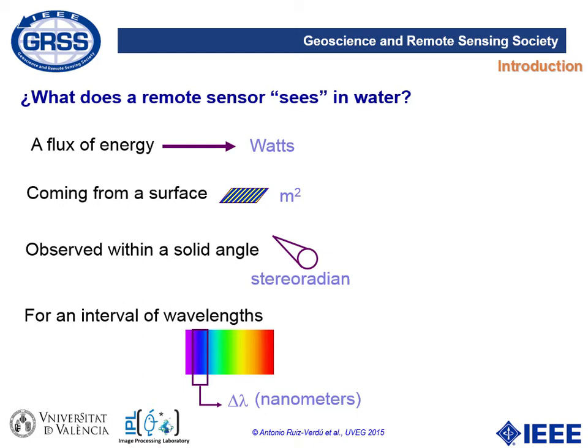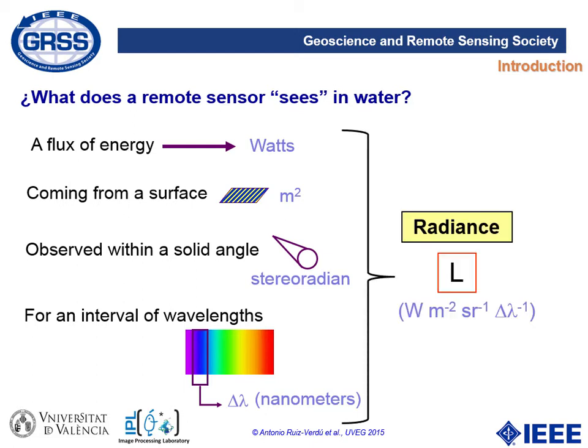So the magnitude that tells us the amount of energy being measured from the surface by a remote sensor is given by the radiance, which normally is written with an L.